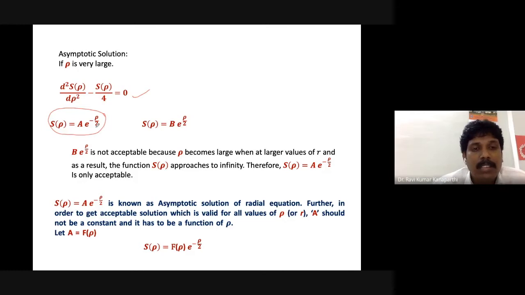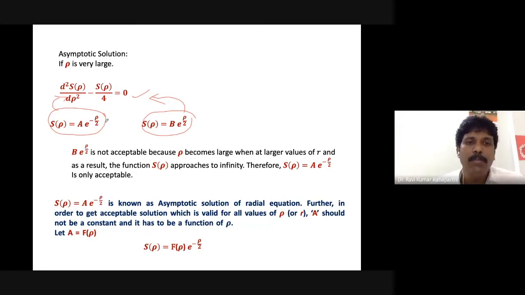You can just do simple math: if this is the solution, it should satisfy that differential equation. You can take it up as an exercise. Similarly, another function, s of rho equal to b times e to the power rho by 2, will also be a solution of this homogeneous differential equation.